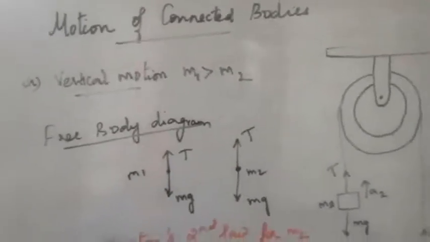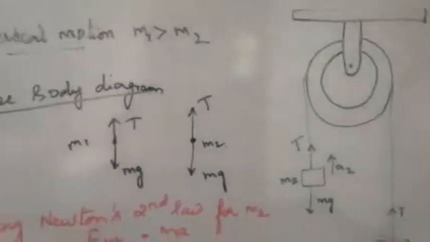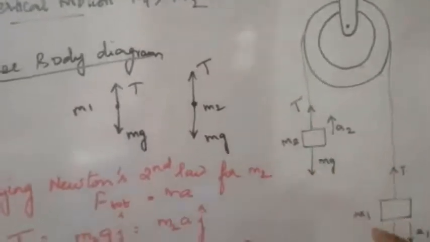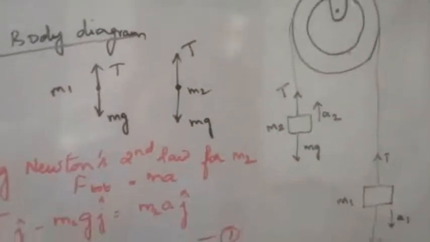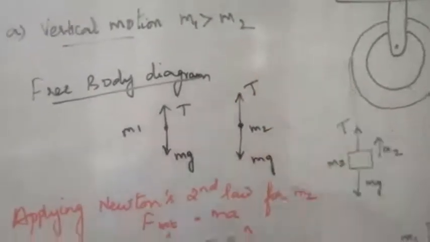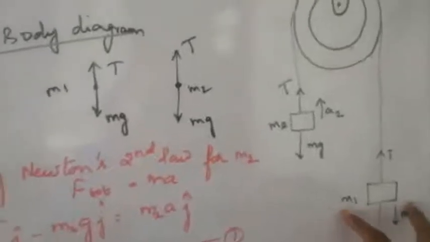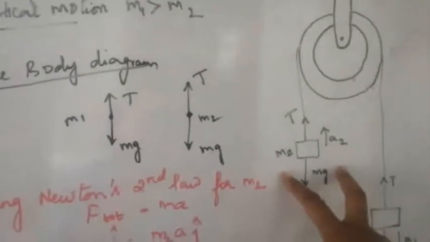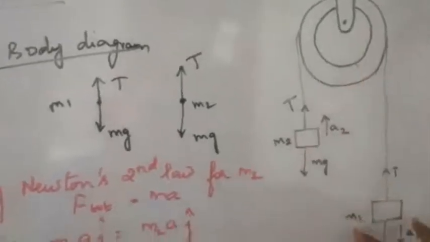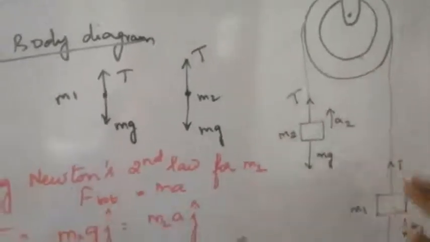So in the case of vertical motion, let me consider the diagram like this. You have a pulley over which the two objects are connected. Let me take that mass m1 is greater than m2. So m1 is greater and m2 is lesser, so mass 1, having the higher mass, will pull the object down.